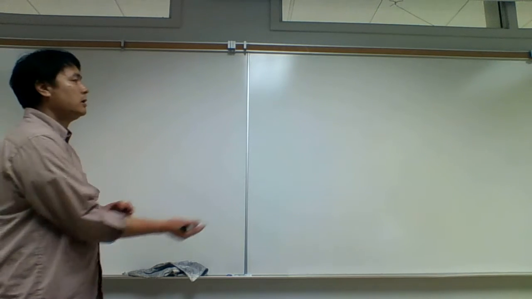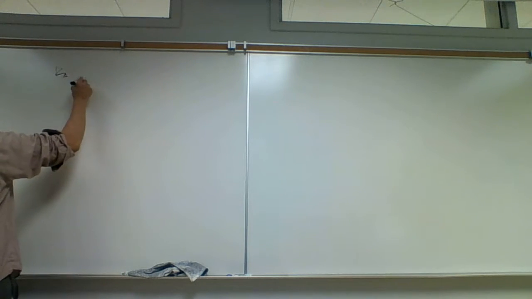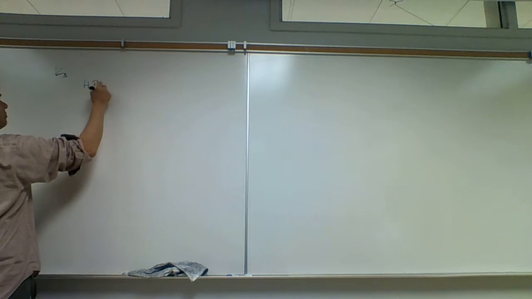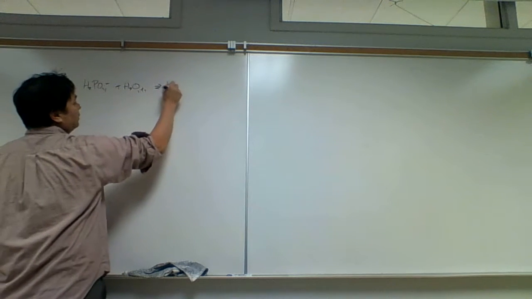So what we had was the Ka equation and the Kb equation for dihydrogen phosphate.